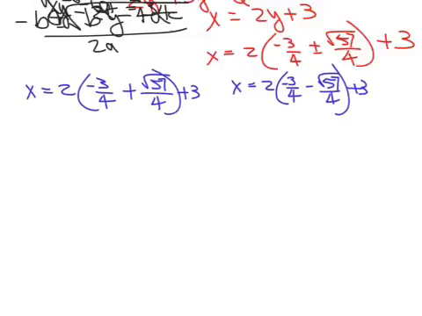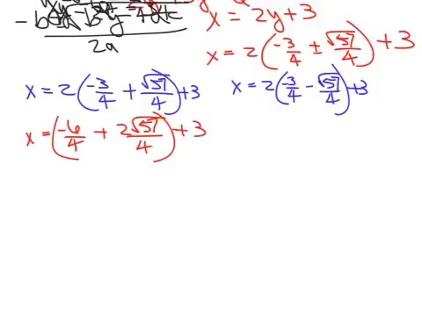Alright, so as we solve this, we get x equals negative 6/4 plus 2 square root of 57 over 4 plus 3. So x equals negative 3/2 plus square root of 57 over 2 plus 3.